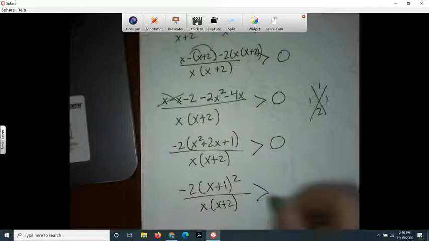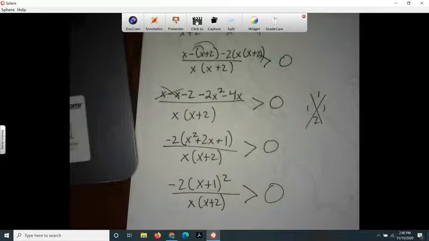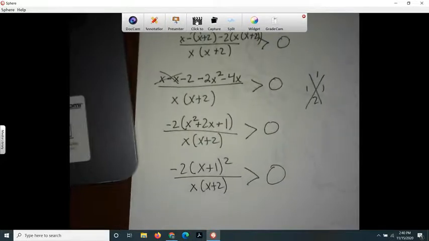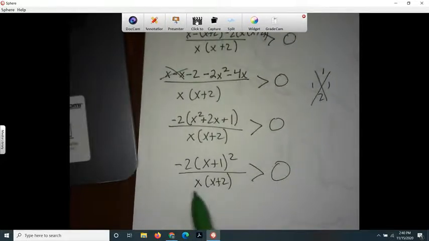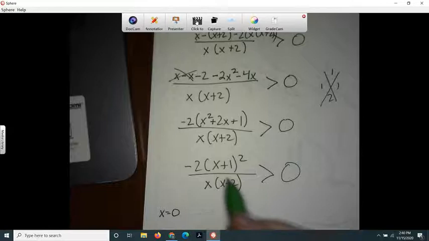And it's a rational function. I could even graph it if I wanted to. I'm probably not going to, but it's going to have some asymptotes where x is 0, because that would zero out my denominator. And when x is -2, that's going to zero out my denominator.